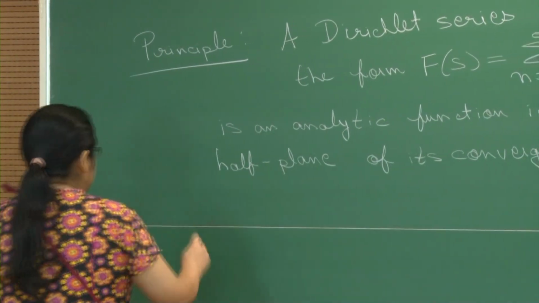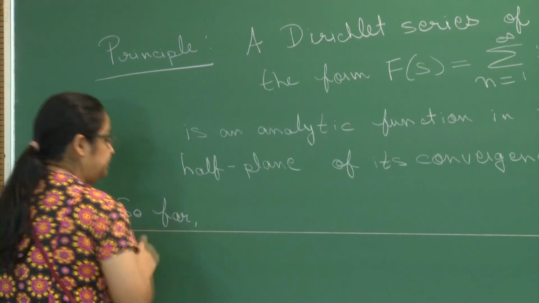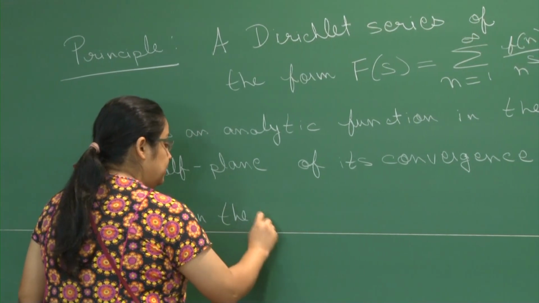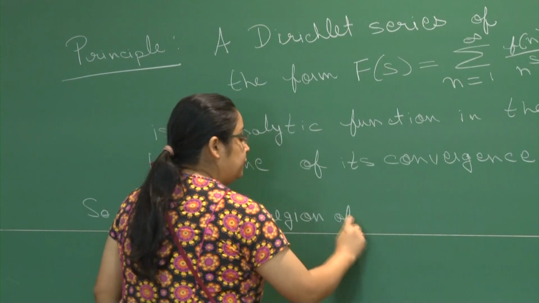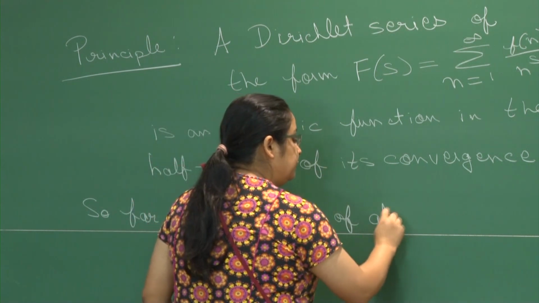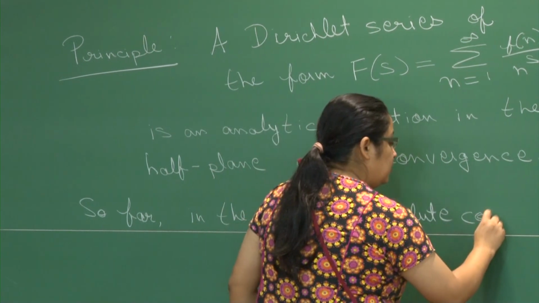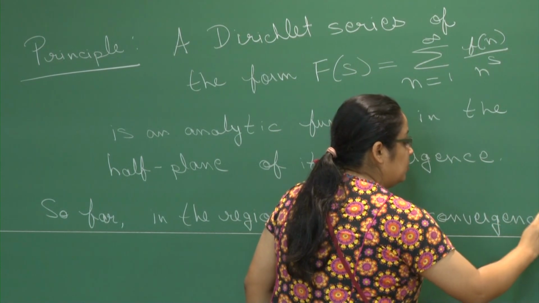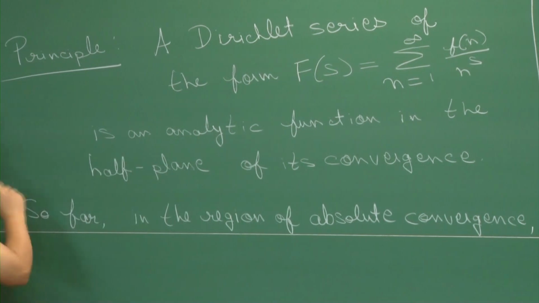So far, what have we learned? Quick and very brief recap. In the region or half plane of absolute convergence, this series satisfies two very nice properties.